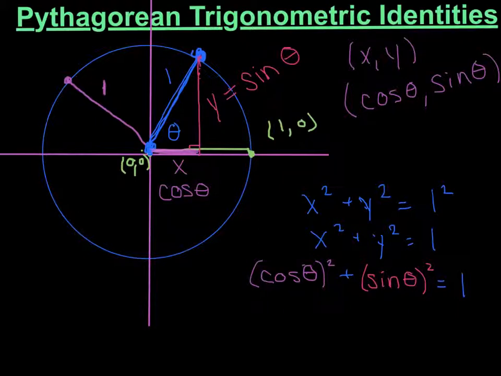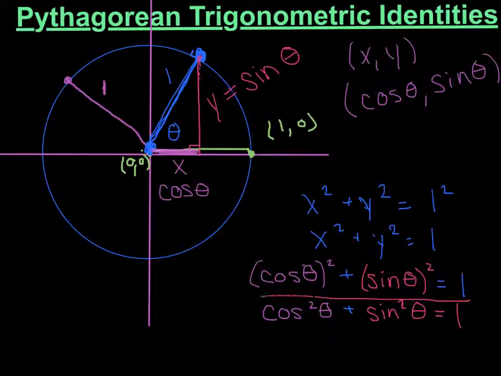So 1 squared would be 1. If I write it with the shorthand, remember cosine squared theta is how to write cosine theta all squared, plus sine squared theta, equals 1.